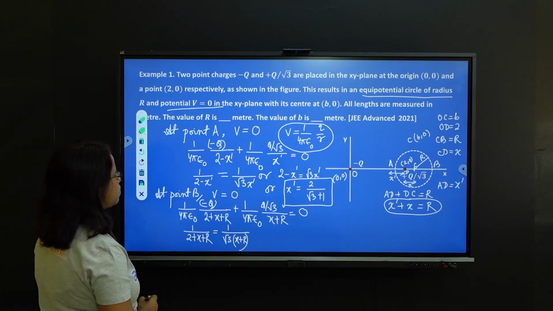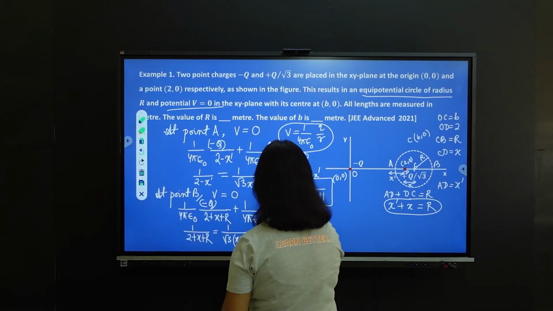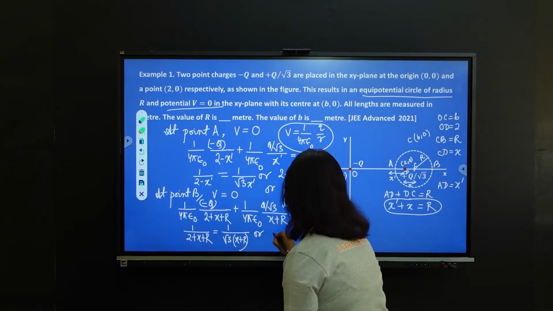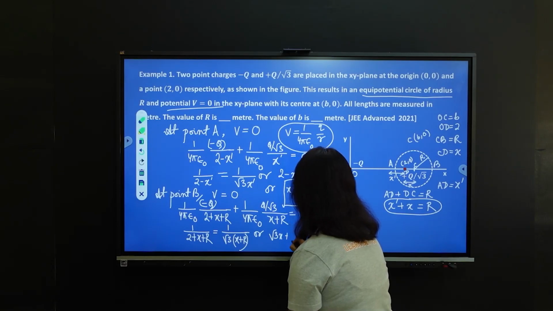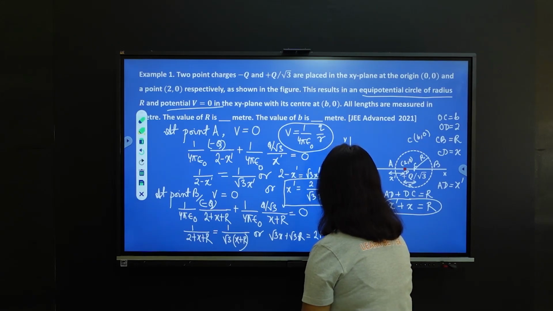So let's solve this further. We get root 3x plus root 3r, which is equal to 2 plus x plus r.